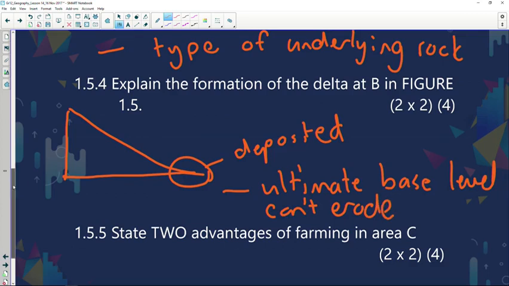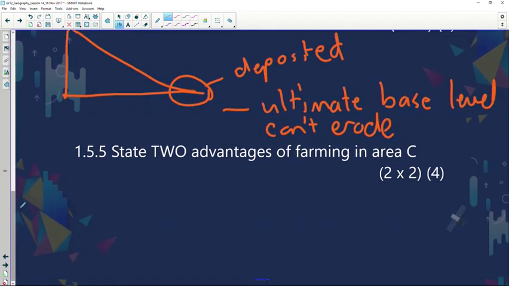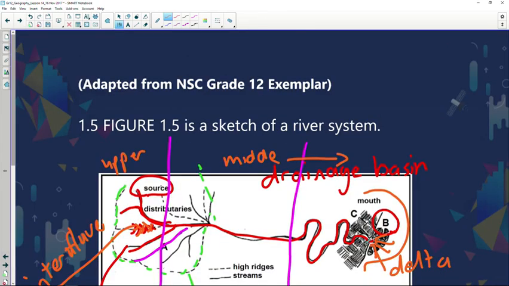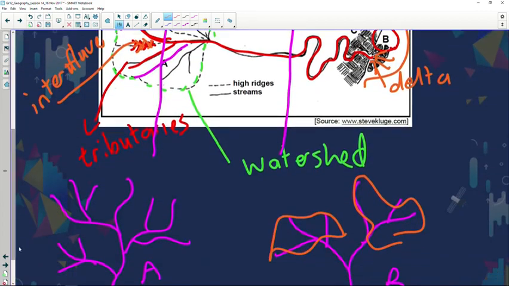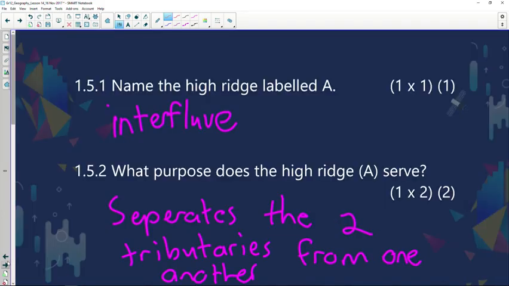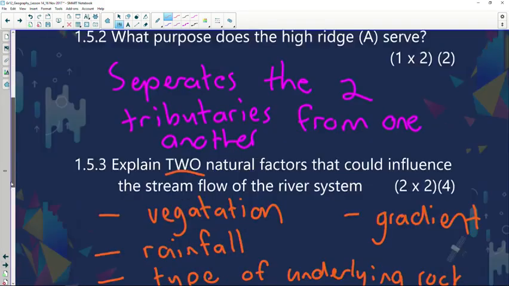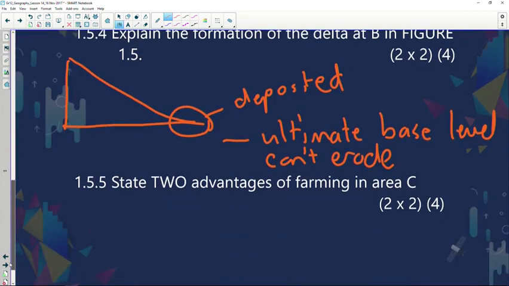Now state two advantages of farming in area C. If we quickly look where area C is, it's next to the river in the lower course. Now one correct answer definitely is it's very fertile soil.